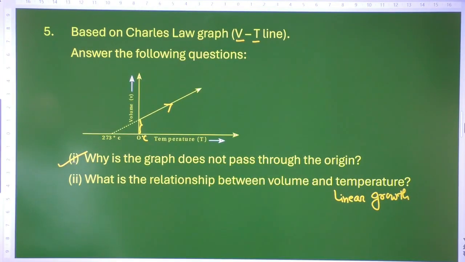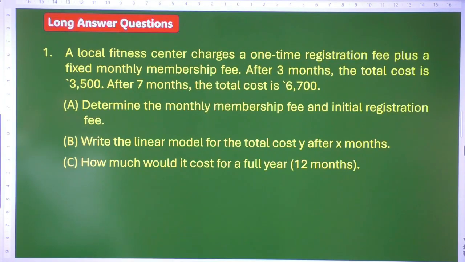Coming to the next one. Long answer questions. A local fitness center charges a one-time registration fee plus a fixed monthly membership fee.